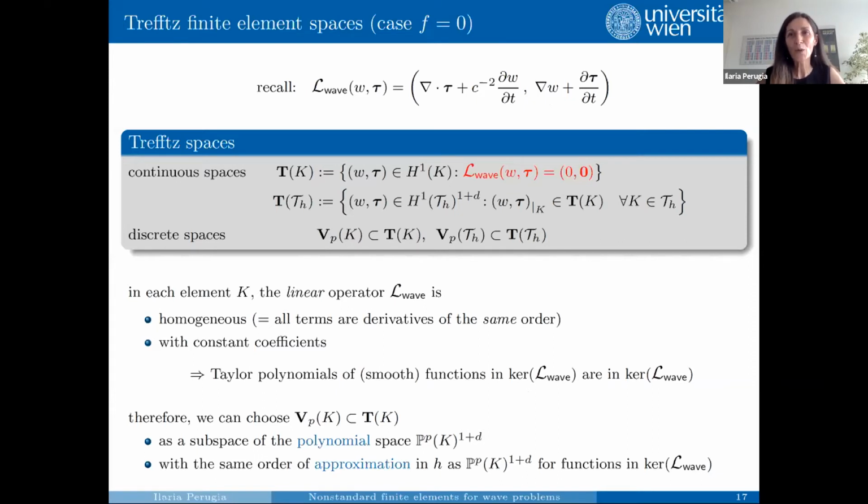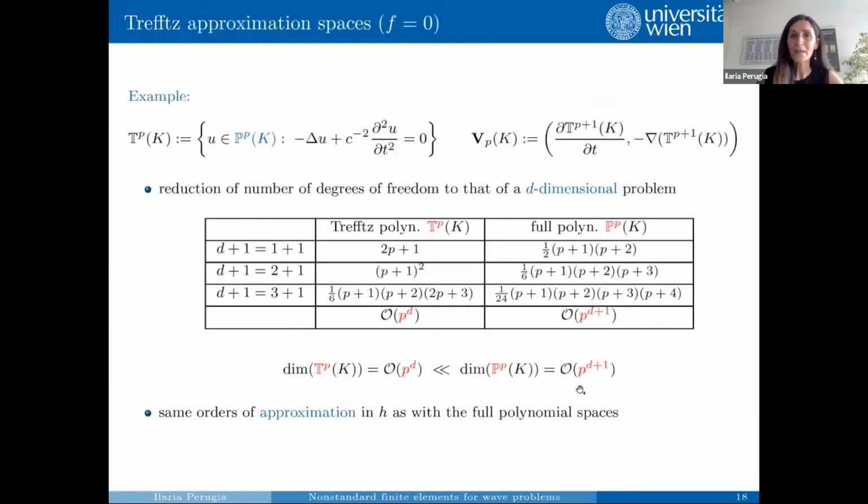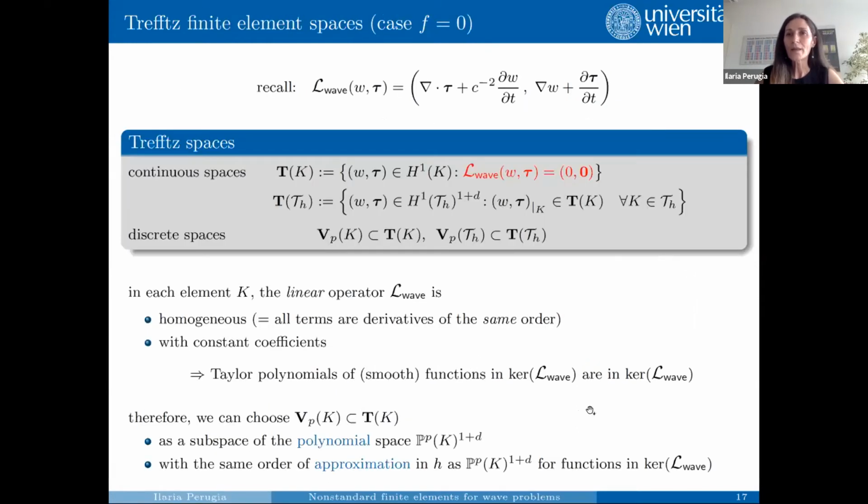So from an approximation point of view, this means that if you have a function in the kernel of the wave operator, it's enough to approximate it, so you can choose Trefftz spaces made of polynomial functions, and you can define them in such a way that instead of taking the full P space, you just take the subspace of the polynomials of degree P that are in the kernel of the operator, and you can reach the same approximation properties as for the full polynomial space.